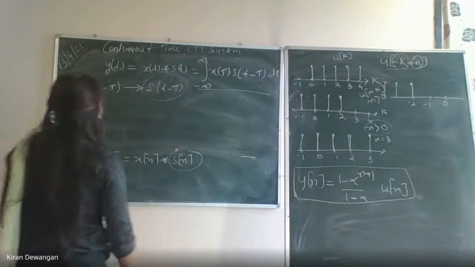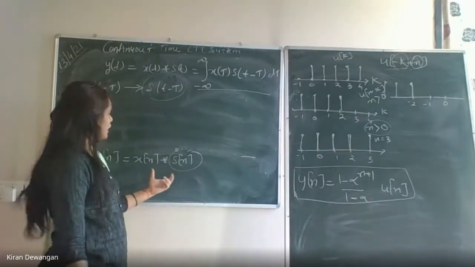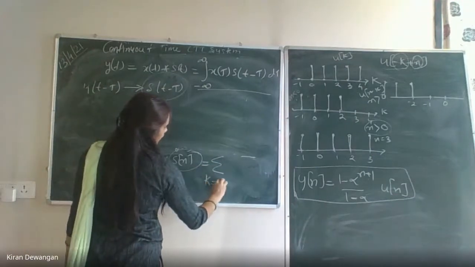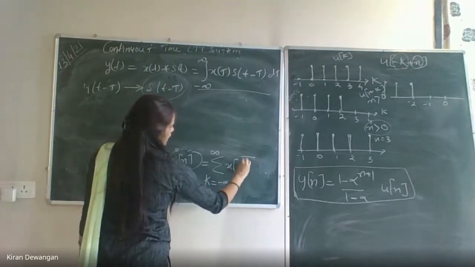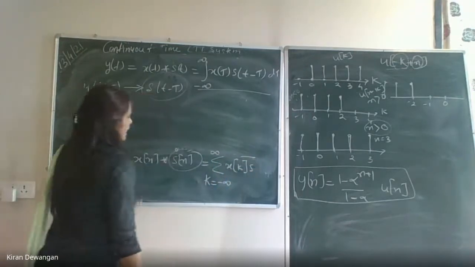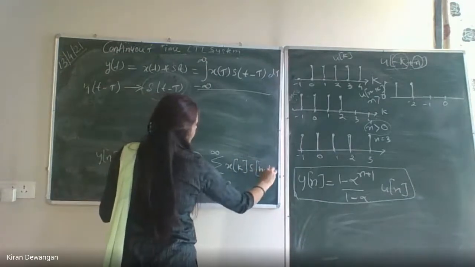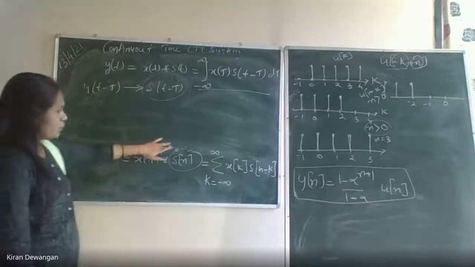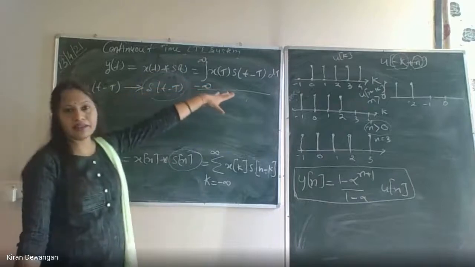Clear? So that is how we can write. Similarly, in the case of discrete time, we can write it as summation k from minus infinity to infinity x of k s of n minus k. For discrete time we can write it in this form, and for continuous time we can write it in that form.